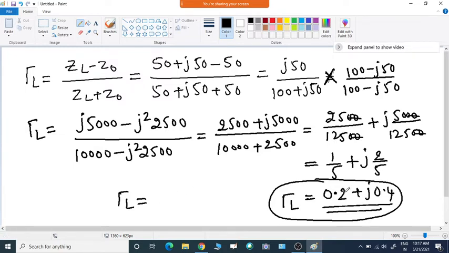You can find out the magnitude for this one: 0.2 squared plus 0.4 squared, under square root. So you can tell me the value of gamma L in the polar form. What is the value?